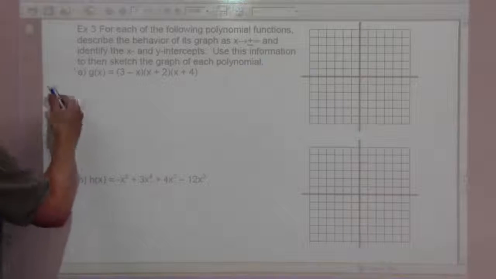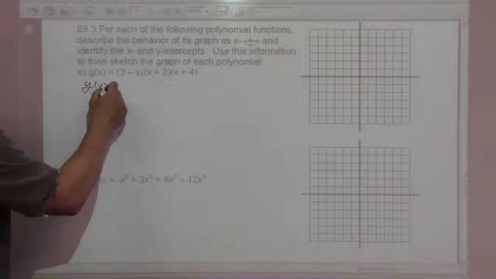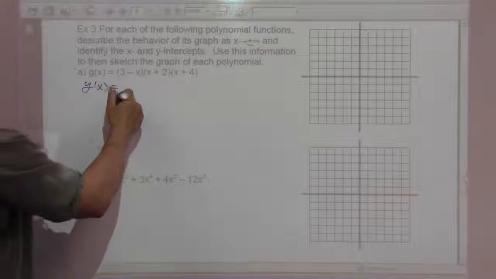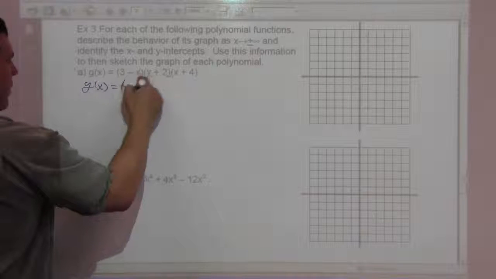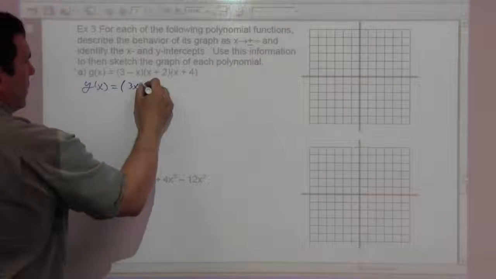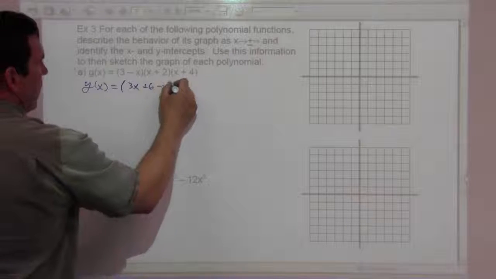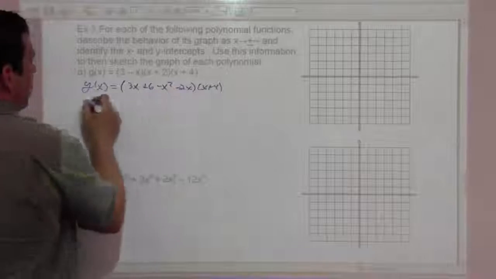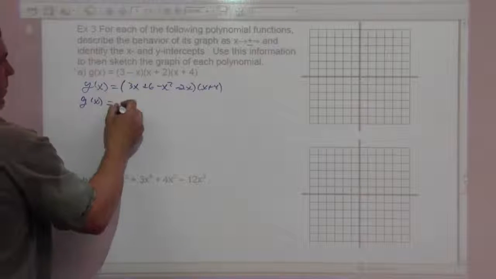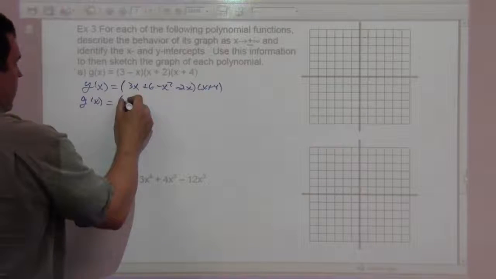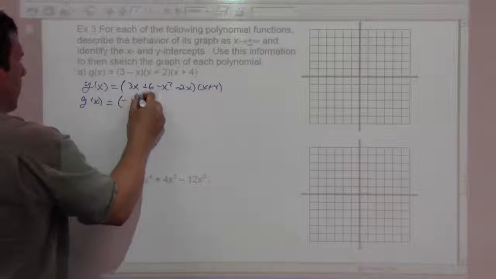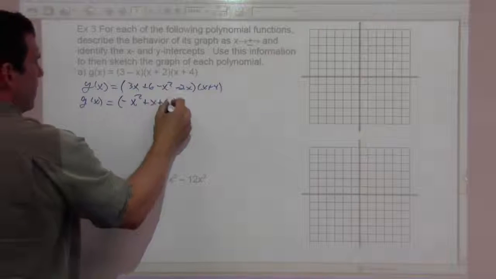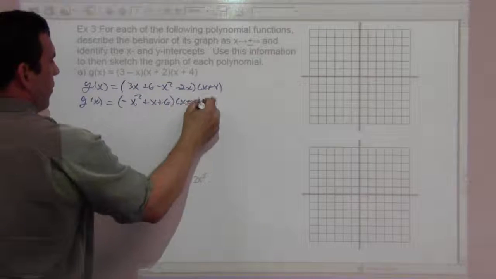Well, we can multiply this out, and our g of x, we're looking at multiplying right here. It's going to be 3x plus 6 minus x squared minus 2x times x plus 4. So that's going to be negative x squared plus x plus 6 times x plus 4.